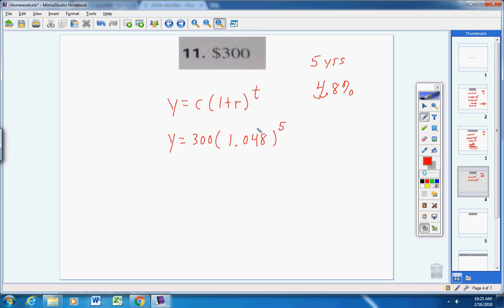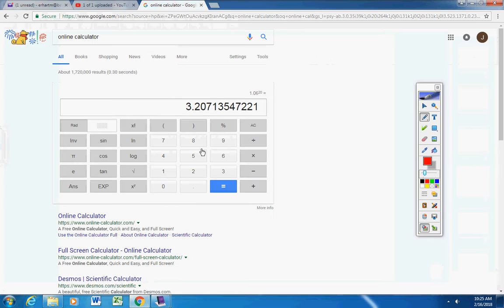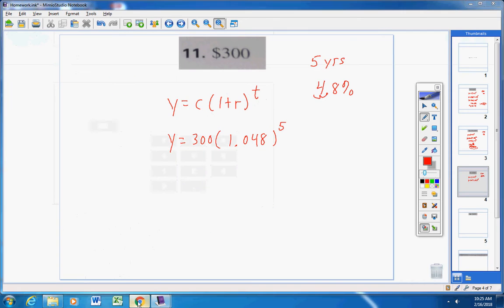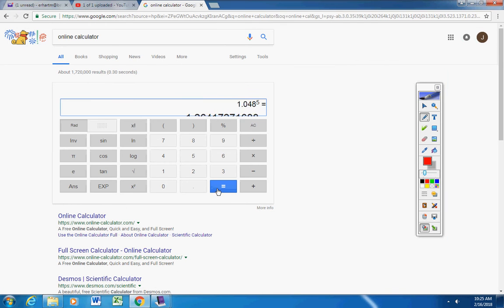Now, students, with your calculator, take 1.048 to the fifth power, and we will get, rounded, 1.2642.